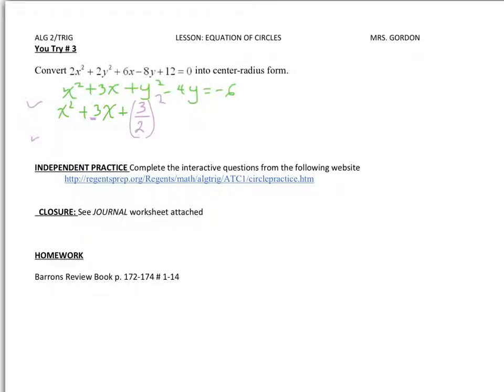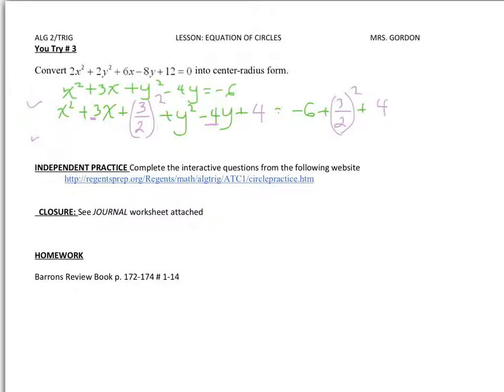Plus y squared minus 4y, taking this middle term, half it, that's negative 2, square it. That is going to give us a positive 4. And then, of course, whatever we do to one side, we have to do to the other. So we're going to add 3 over 2 squared plus 4.